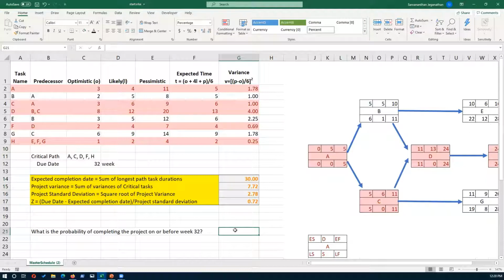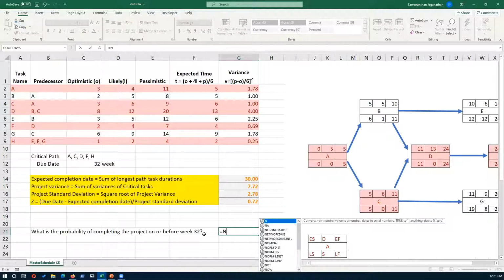And once you have this, you can quickly tell the probability of completing the project on or before week 32 by finding the value using the normal distribution table. So I'm going to use a formula to do that. You can use the lookup in a normal distribution table as well.